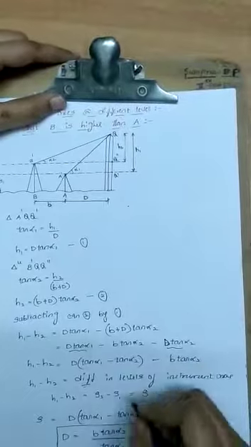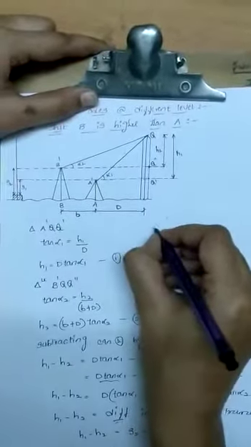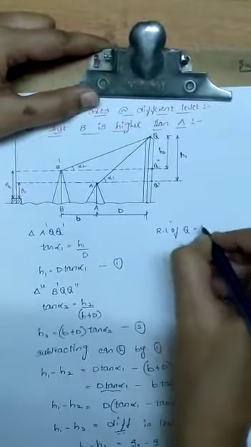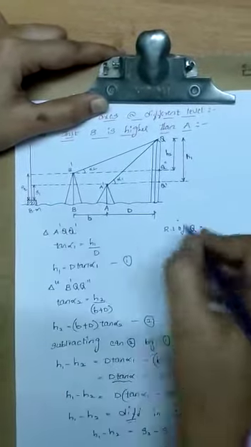Next, to calculate the RL of the elevated object Q, you will be knowing the RL of the benchmark.